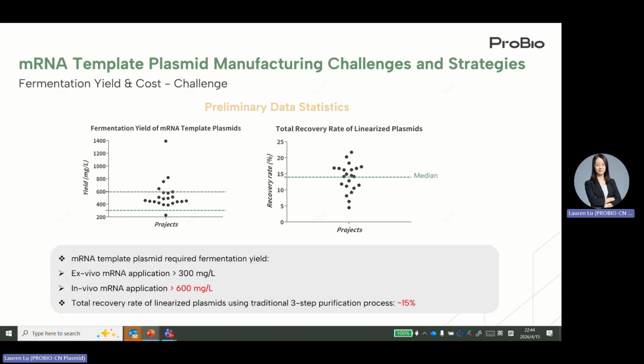We can see that for ex vivo mRNA application, the yield of the mRNA template plasmid is higher than 300 milligram per liter, and for in vivo mRNA application, most of them are higher than 600 milligram per liter. The total recovery rate of linearized plasmid using our traditional purification step is around 15%.